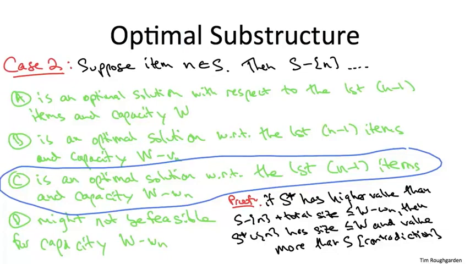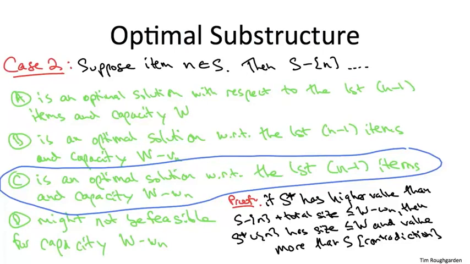And if S star had more value than S with n removed, then S star with n included has more value than S. For example, if S had total value 1100, 100 of which was coming from the nth item, then S with n removed had value 1000. If S star was better, it had value 1050. Then we just put n back in and it has value 1150, which contradicts the purported optimality of S, which had total value merely 1100.